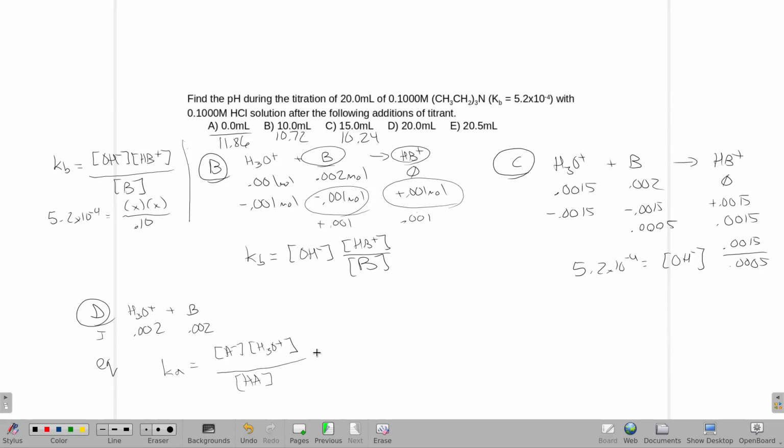So, what's kind of neat, we're going to figure out our Ka. These are going to just be x's, and we're going to solve for that and calculate our pH from that. And our base concentration is these moles, 0.002 moles, divided by the current volume, 20 milliliters plus 20 milliliters, 0.040 liters.